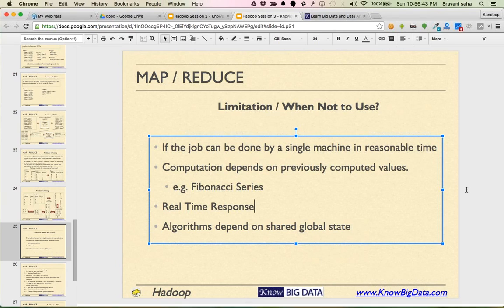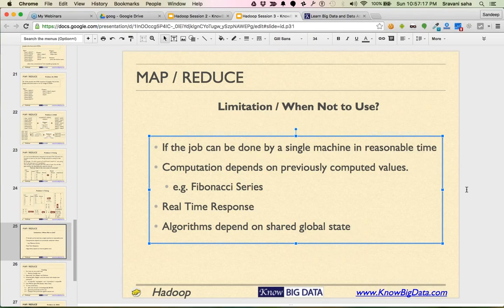By summing up the previous two values, we generate the next value in the series. There are lots of problems which are very difficult to do in parallel. For those kinds of scenarios, MapReduce is not a good solution. It's very difficult to utilize it.